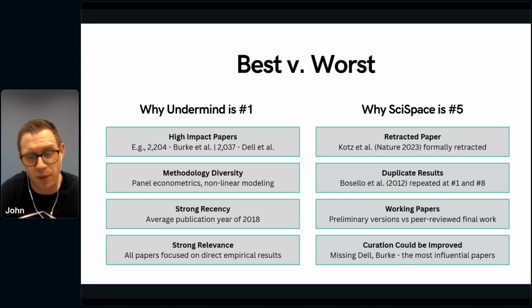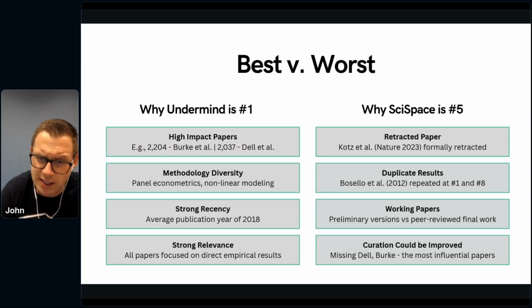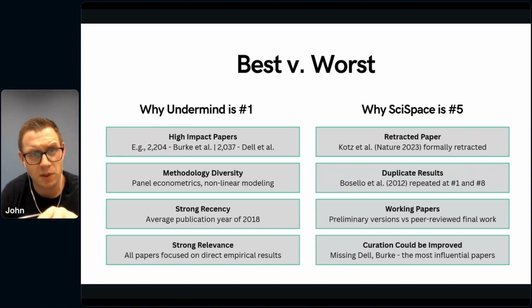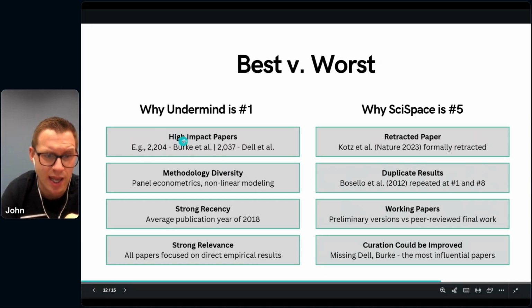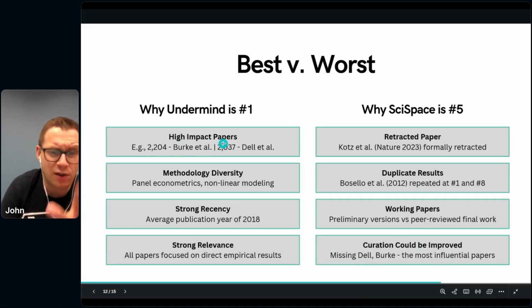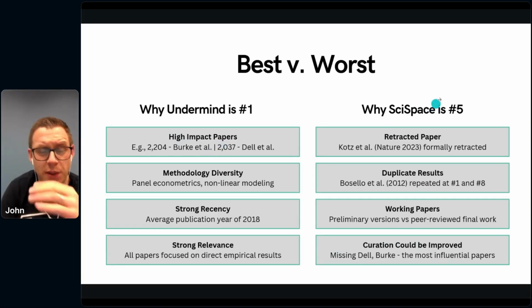It was in the top 3, if I remember well. There are duplicate results: number 1 and number 8 are the exact same result. And a lot of working papers, although I don't view that as such an enormous issue. And then a couple of key, almost seminal papers, fairly recent, those maybe 2,000 citation papers that you found in Undermine, are missing from SciSpace.